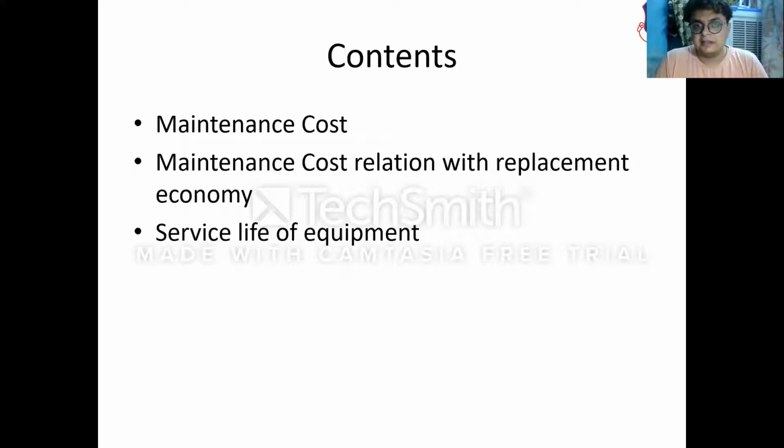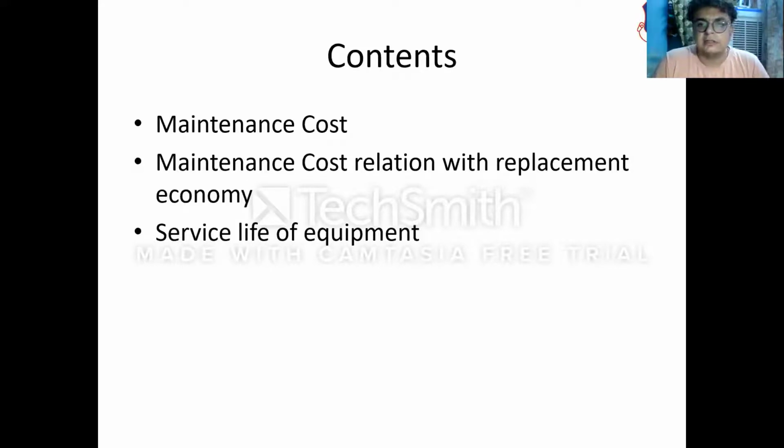Next is the maintenance cost relation with the replacement economy. So how is the maintenance cost related to the replacement economy? Means we have to pay something for the maintenance. For example, buying the tools, buying the lubricants, and buying any other products for the maintenance.